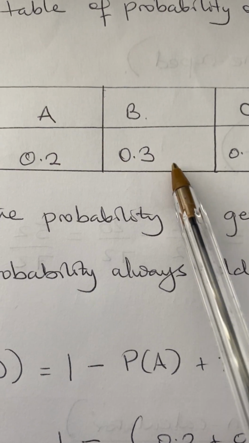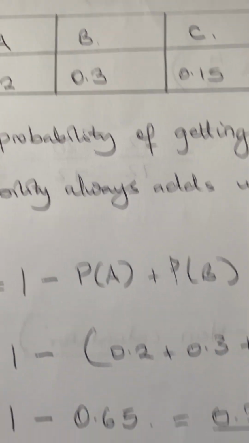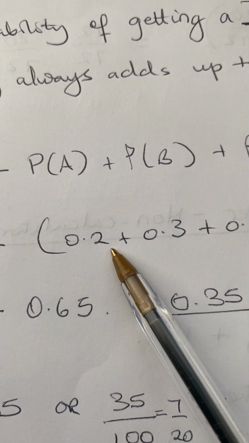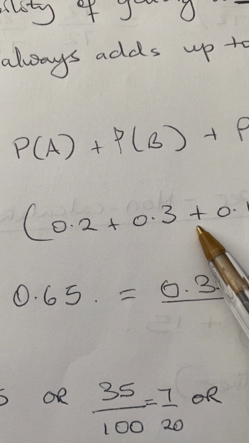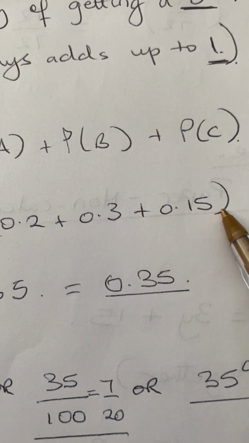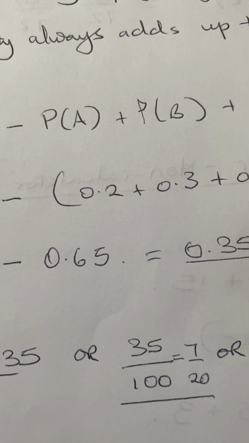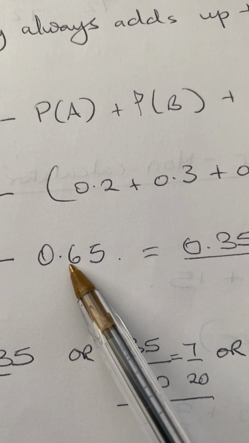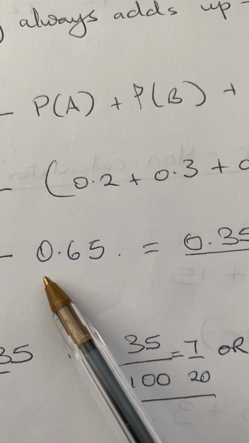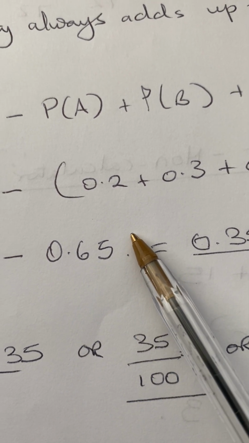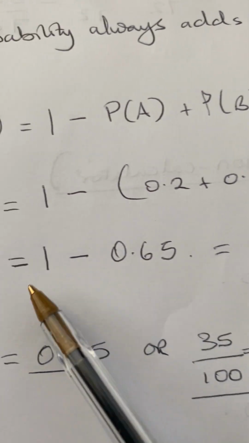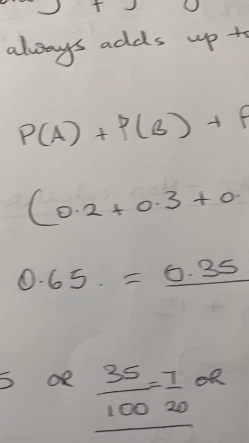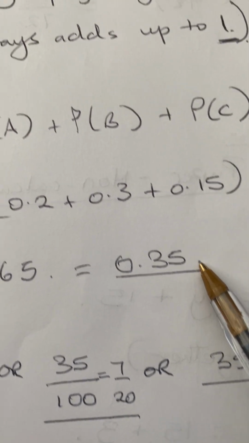Now if I do that from the figures given to me from the table, I have 0.2 plus 0.3 plus 0.15, which will give me 0.65. And then I'll take that from 1, which will give me 0.35.